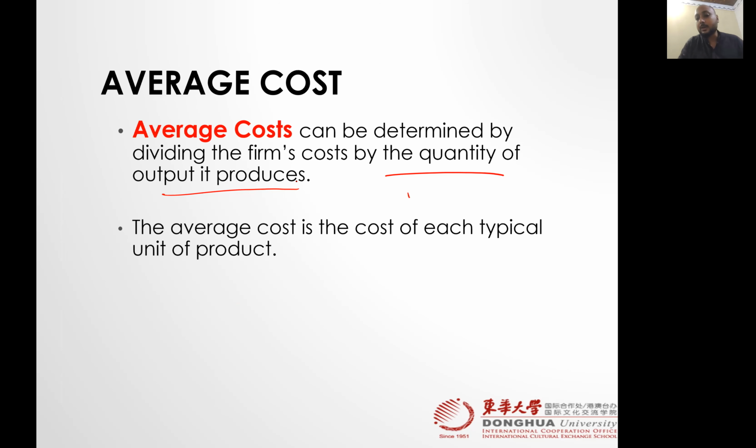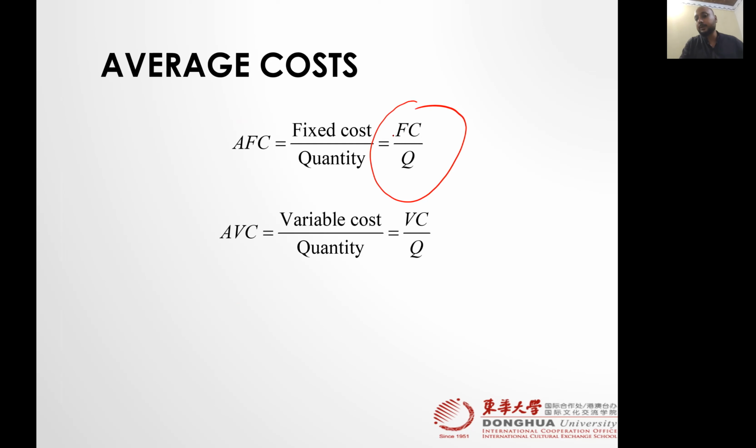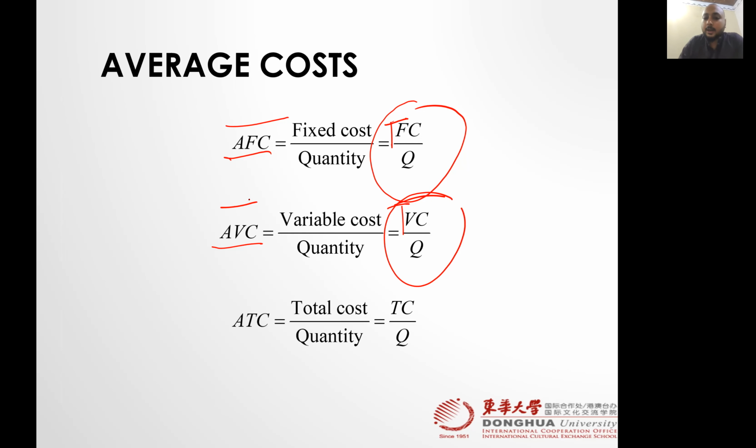The average cost is the cost of each typical unit of the product. So average fixed cost is equal to total fixed cost divided by quantity. Average variable cost is equal to total variable cost divided by quantity. All right. And the average total cost is equal to total cost divided by quantity.